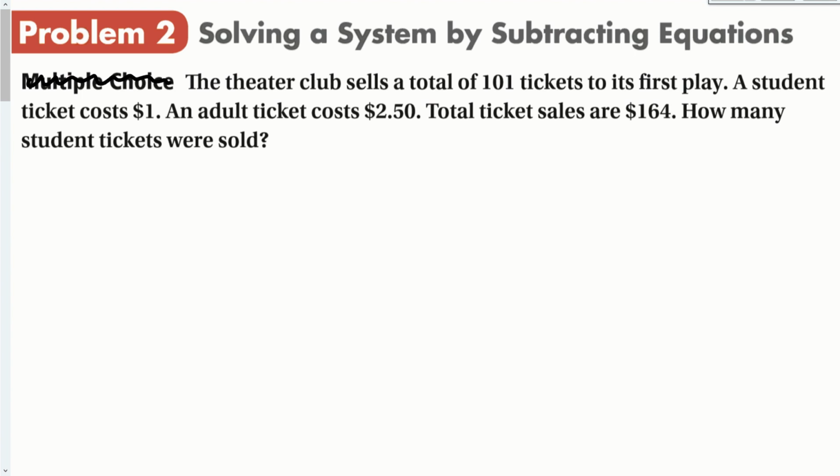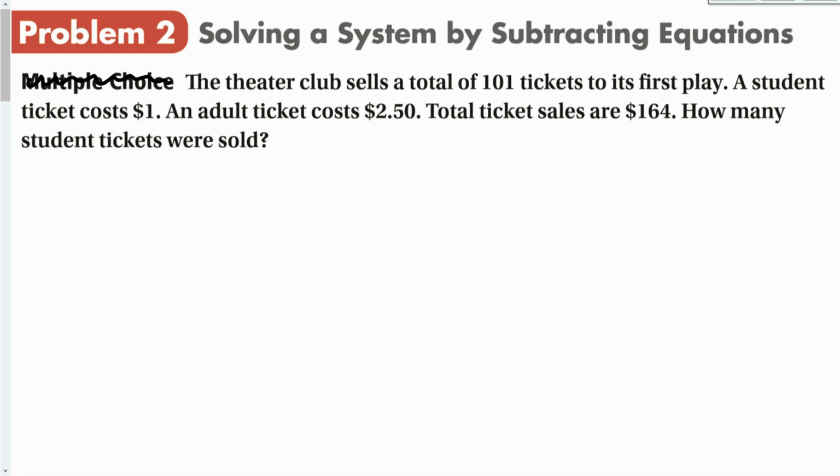So let's first, we got two variables. We got student ticket and adult, or how many student tickets and how many adult tickets. So my goal here is to solve for the number of student tickets.